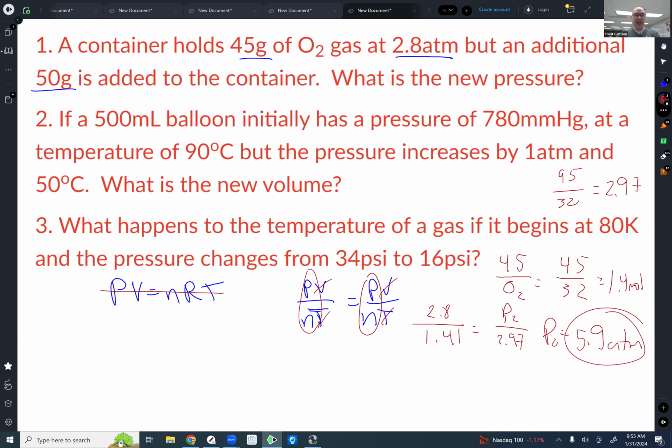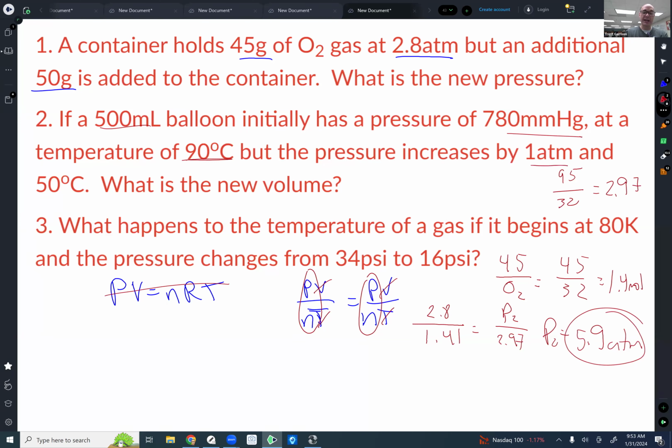That makes sense. All right, number 2. Again, is it PV equals nRT? Well, let's find out. We've got a volume, we've got a pressure, and a temperature. That's starting to look good, but it increases by 1 atmosphere.